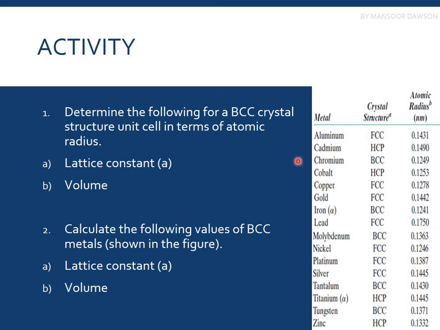You can see that chromium is BCC, iron is BCC, molybdenum is BCC, tantalum is BCC, and tungsten is BCC. So in part 1 you find the relationships, and in part 2 you find the actual values using these formulas for the BCC metals shown in the figure on the right.